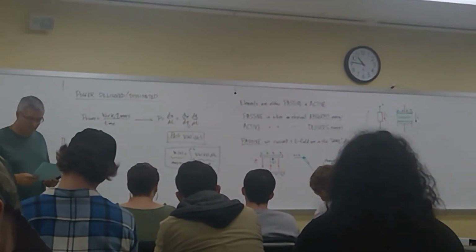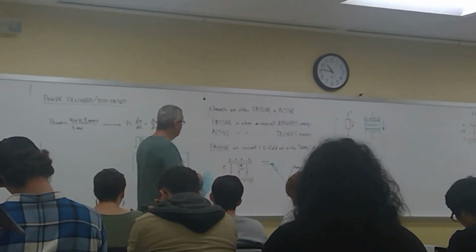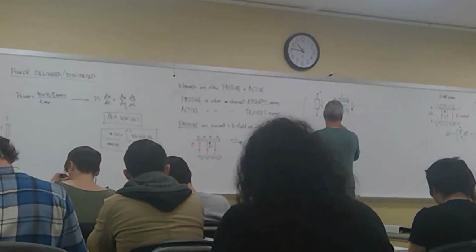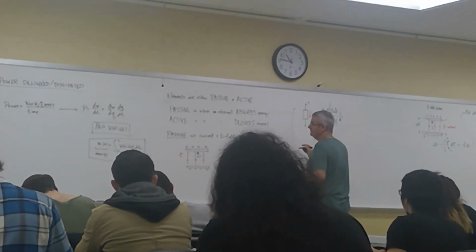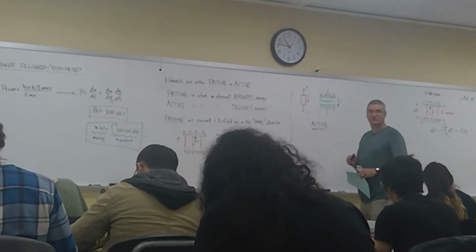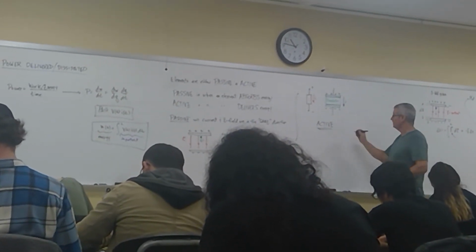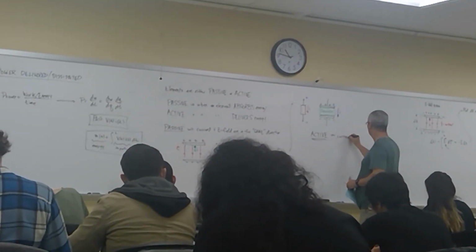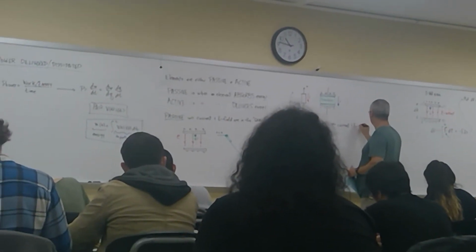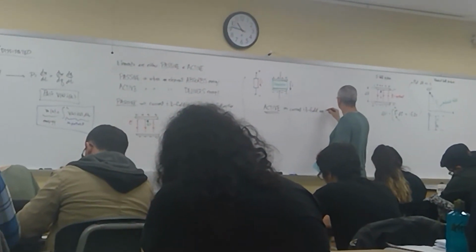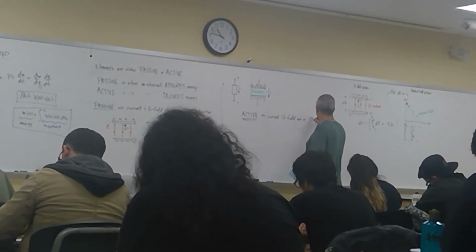The next one we will look at is active. As you can imagine, if passive means these are in the same direction, then for active the current and E field are in opposite directions.